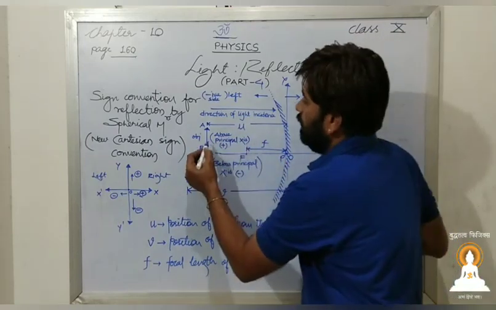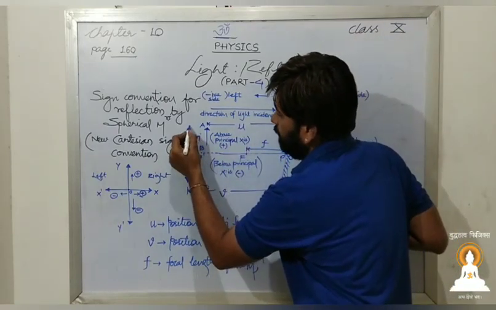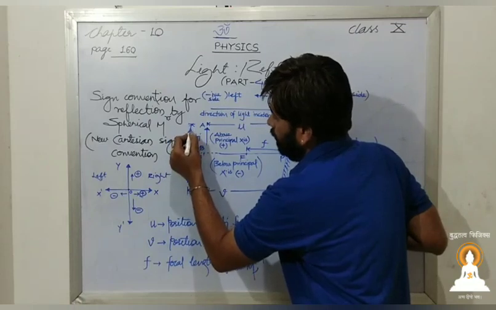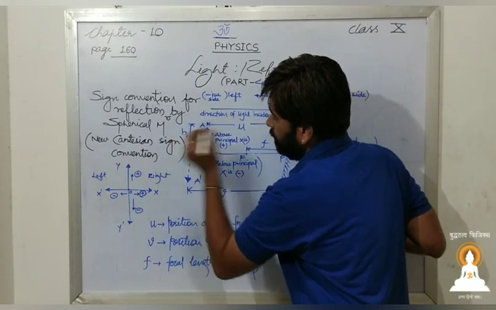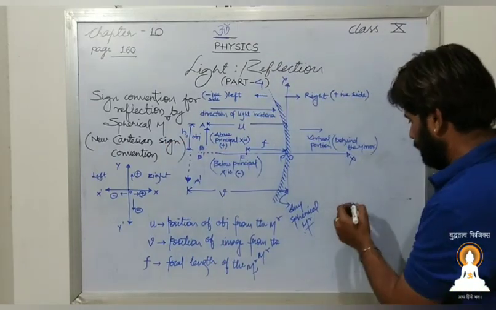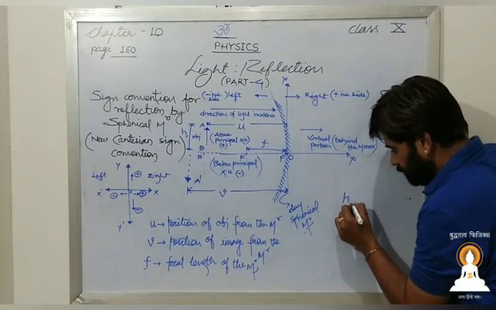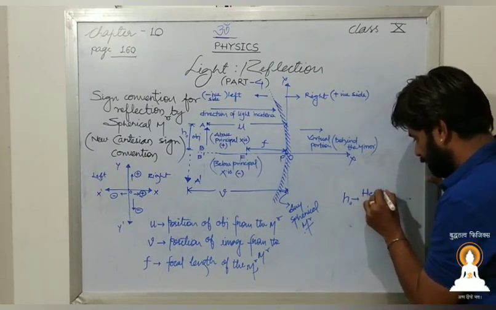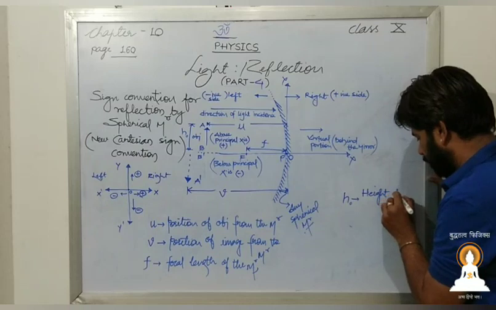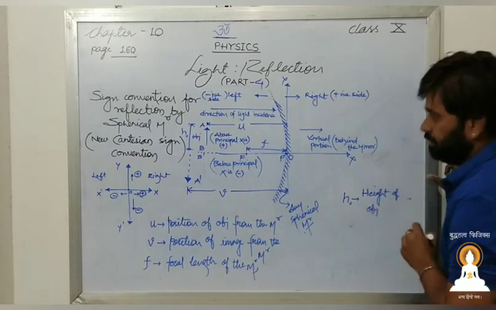Suppose this is the object AB, and if we want to find its height from the principal axis, that will be denoted by h naught, the height of the object.